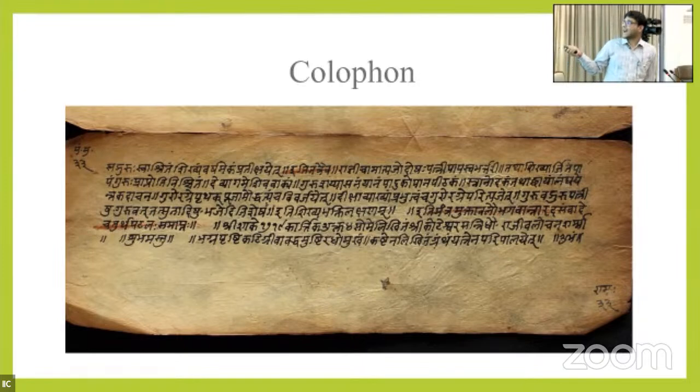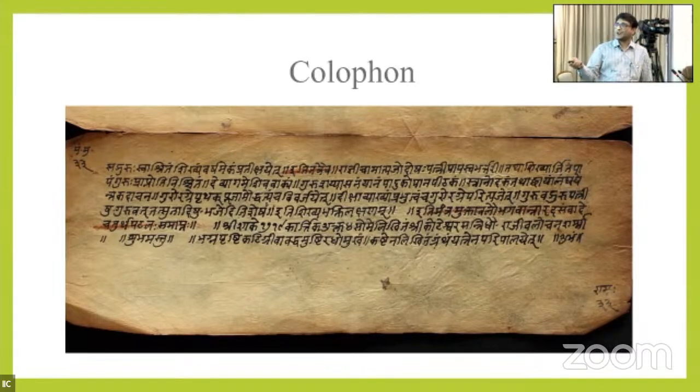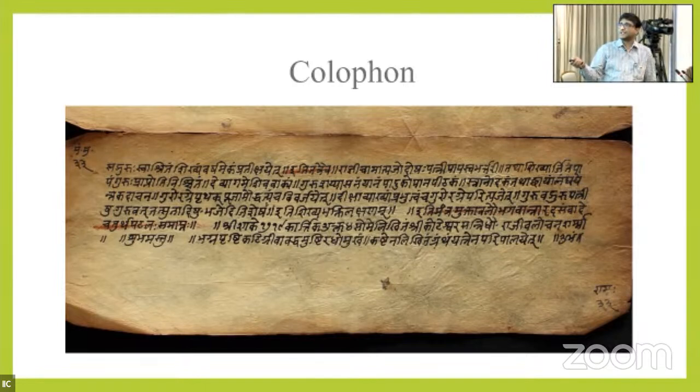And then the scribe's name is Rajiva Lochana Sharma. Then Shubhamastu. And yesterday sir mentioned this verse, Bhagna Prishti Kati Griva Baddha Mushti Radho Mukham, Kashtena Likhitam Grantham Yatnena Paripalayet. So that is how a colophon looks.